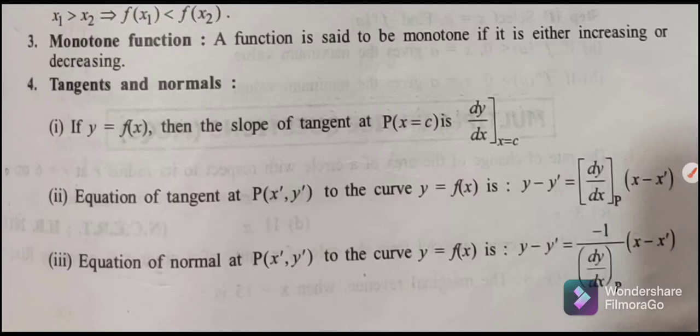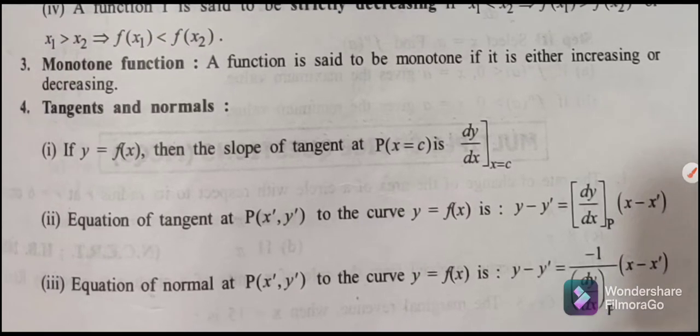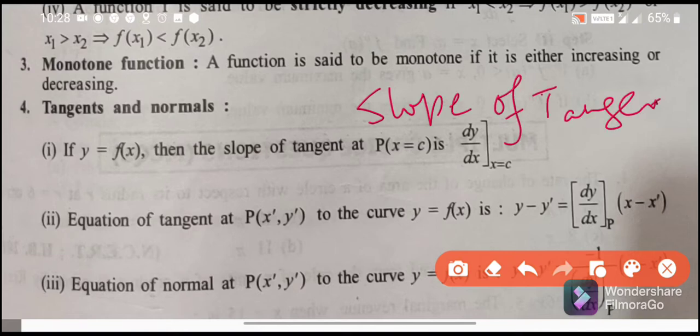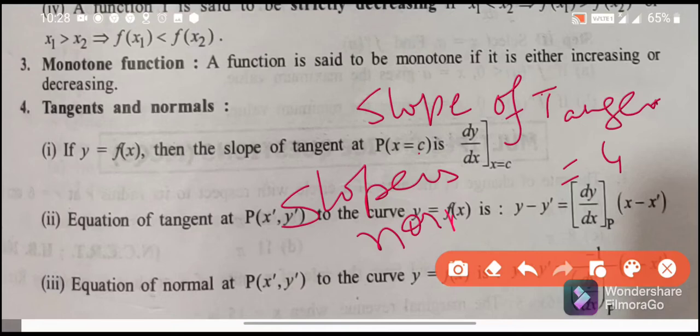Now if slope of tangent is 4, then slope of normal is negative reciprocal of slope of tangent, that is minus 1 by 4.